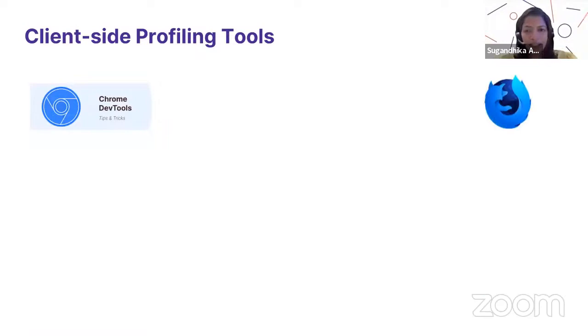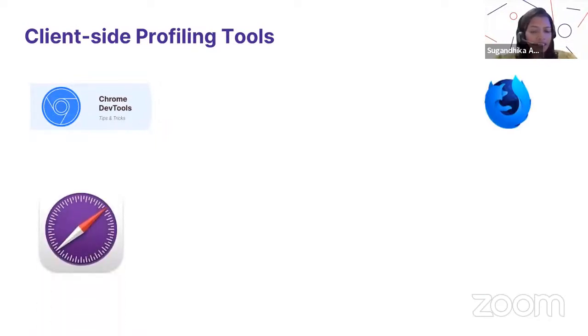So there are a lot of tools available for client-side profiling, though almost everything you may have heard about, and a few of them I may have used in daily work. The first tool is Chrome Developer Tool, and the second one I listed here is the Firefox Developer Tool.